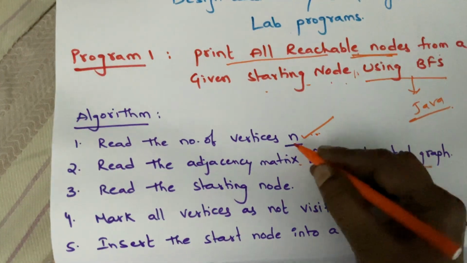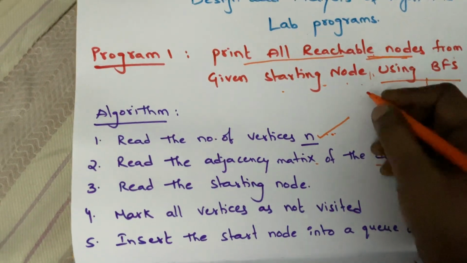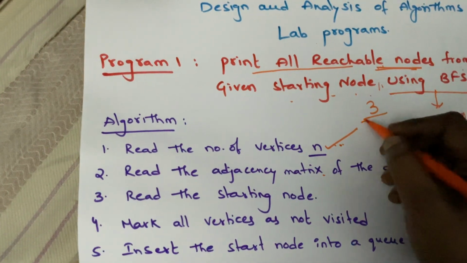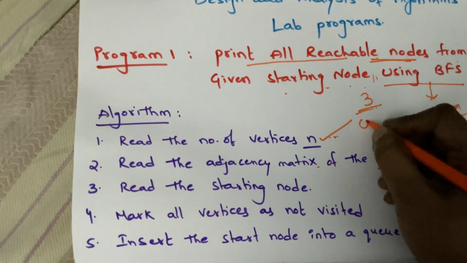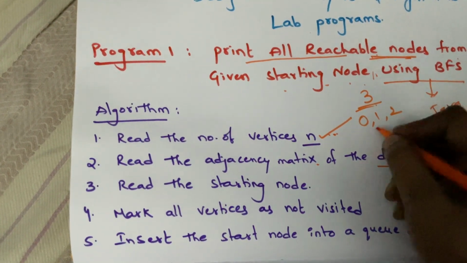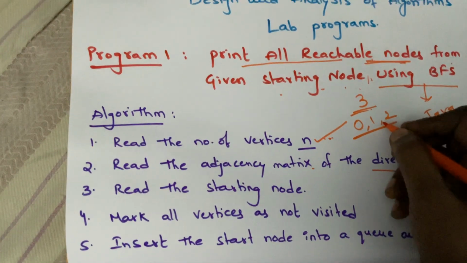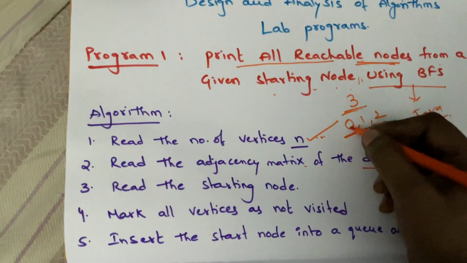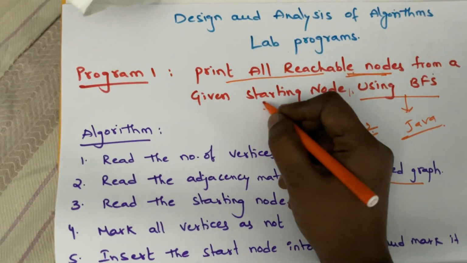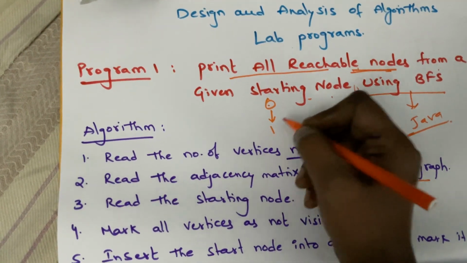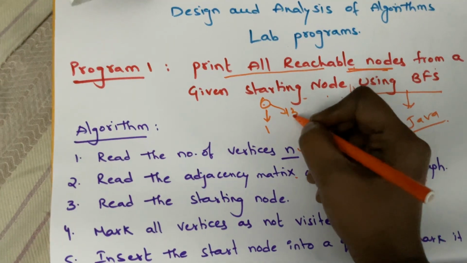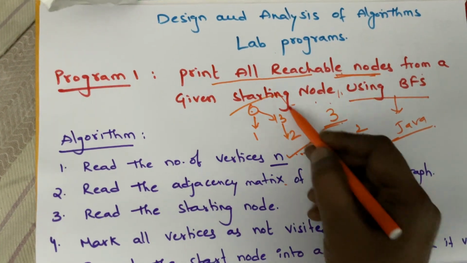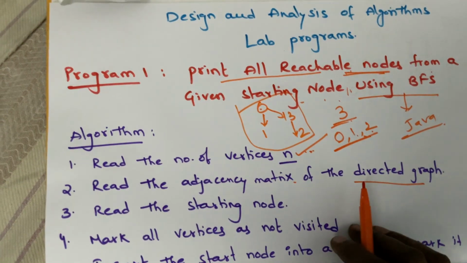Let's say I have taken the total number of vertices as 3, that means vertices 0, 1 and 2. These 3 vertices are connected among each other, right? That means 0 can be connected to 1, 0 can be connected to 3 and 3 can be connected to 2. So this is actually a graph, correct?